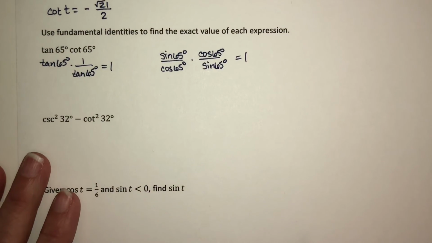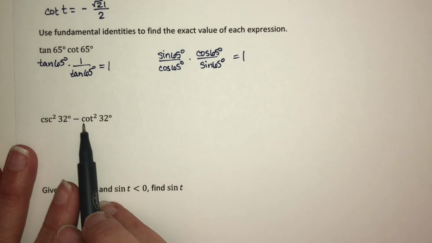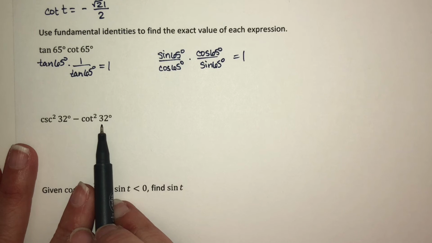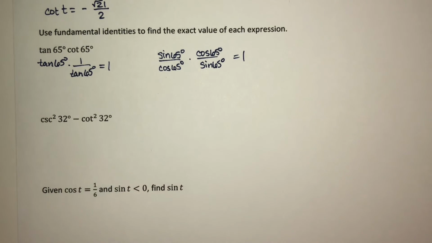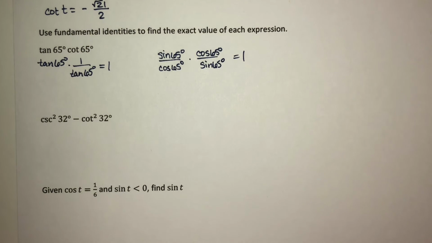Now let's look here. Cosecant squared of 32 degrees minus cotangent squared of 32 degrees. So I can write these as reciprocals. I can change these so that they are in terms of sine and cosine.